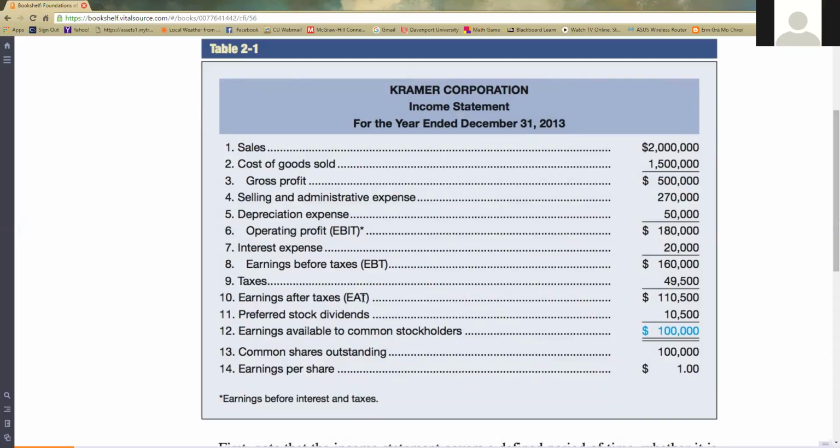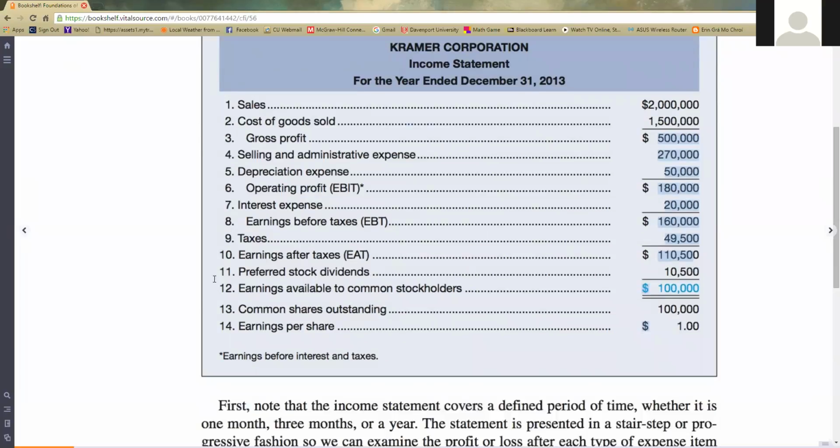So please feel free to kind of use the terms interchangeably. The most important thing is when you read a story problem, whichever one of those 3 terms it uses, you're comfortable with it. Line 10 is where I stopped our income statement, because that technically is the bottom of the income statement. The rest of this is trying to explain to you what happened to that $110,500 of profit.